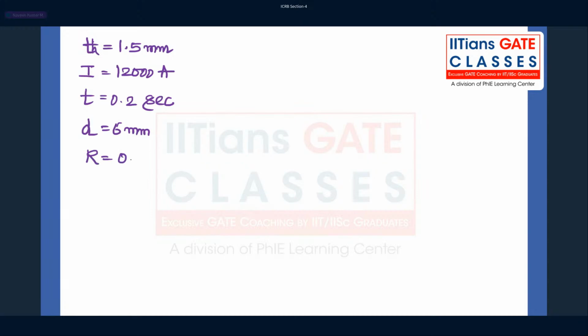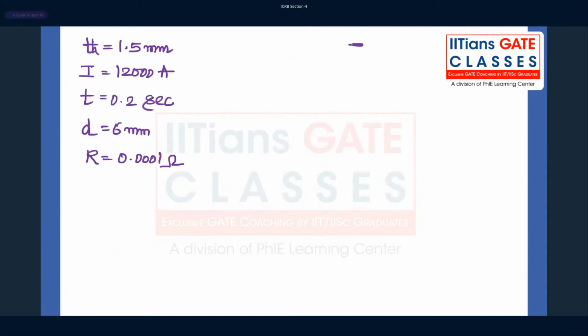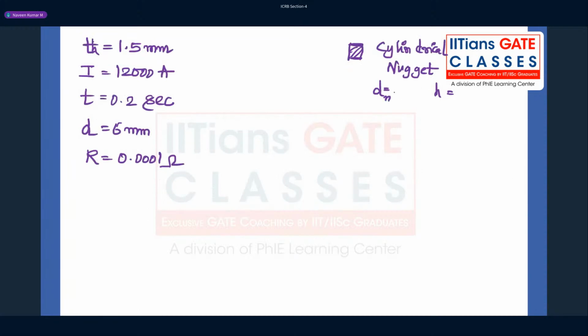R is 0.0001 ohms. The resulting nugget is a cylindrical nugget of some diameter and height. The diameter is 6 mm, so dn is 6 mm, and Hn is 2.5 mm. The nugget is found in between the two plates.